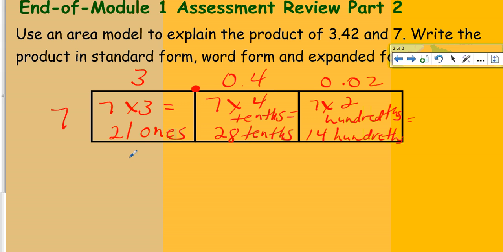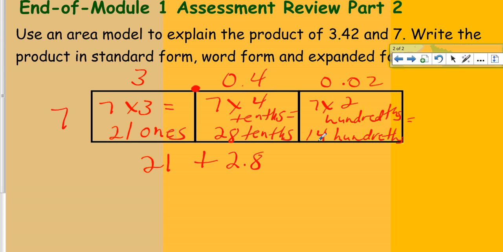Okay, so now we can come over here and let's go ahead and do our work this way. So now we have 21 ones, okay, here. We'll just put 21, and then we're going to add that to our 28 tenths, but now we know that's actually, because of the tenths, it's just 2.8.